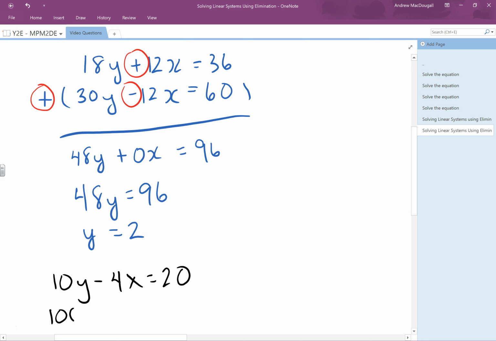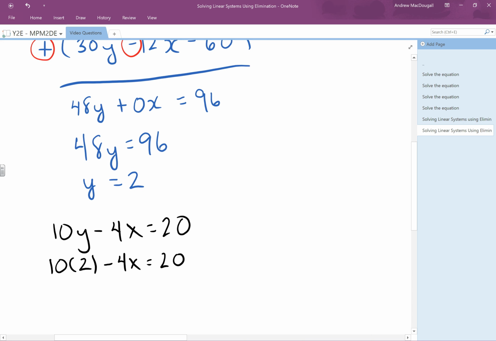And I know that y is 2, so 10 times 2 minus 4x equals 20, meaning 20 minus 4x equals 20, and I solve for x, and so x equals 0.